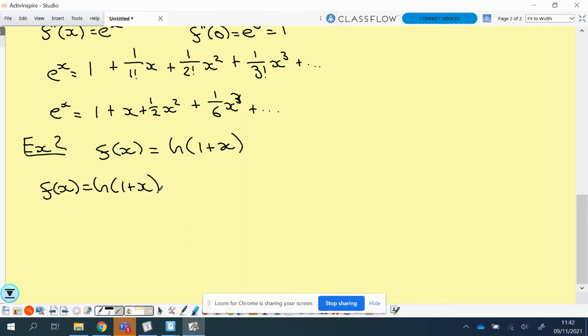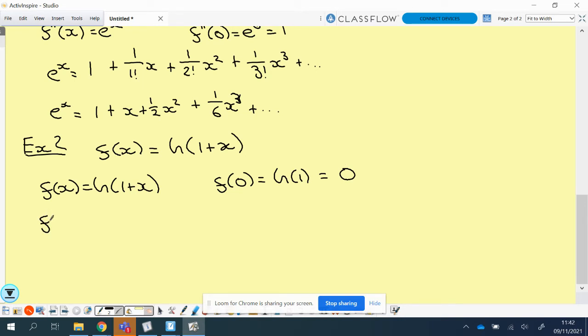So my function's f of x is log of 1 plus x. f of 0, substitute 0 into there, I'll get log of 1. And what is log of 1? 0. Yep, log of 1 is 0. So I'm going to end up with 0 as my first term, which means that first term isn't really there. I now need to differentiate this.